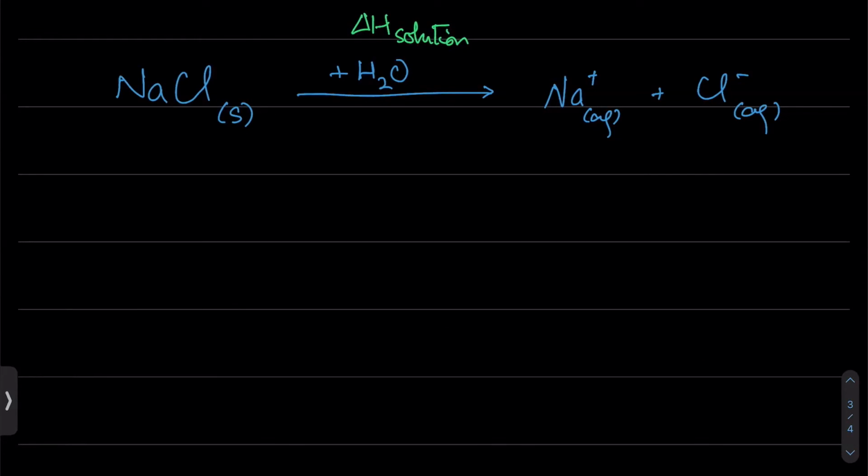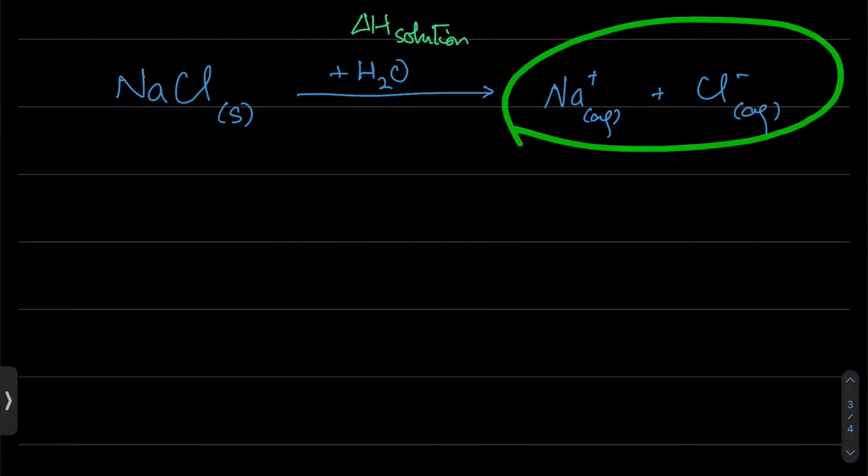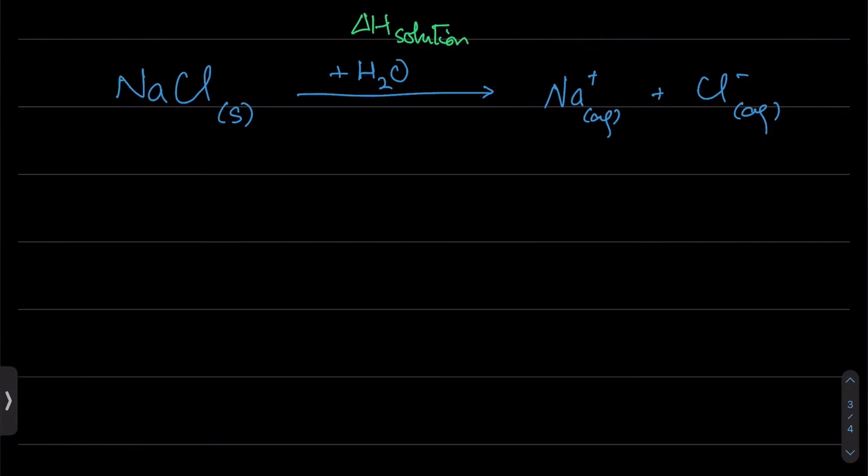At the same time, to make this sodium chloride, I needed these ions in their gaseous state. I needed the sodium ion in the gaseous state and the chloride ion in the gaseous state. And they formed sodium chloride solid. And what was this? This was the lattice enthalpy of sodium chloride.